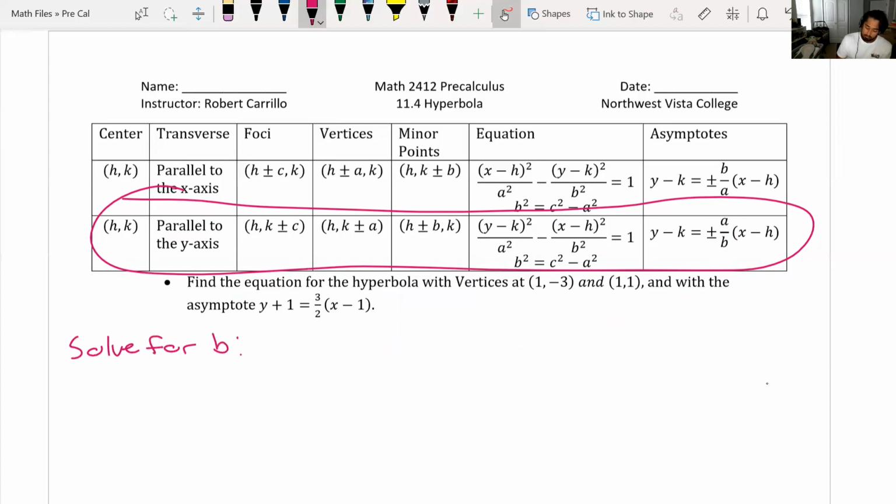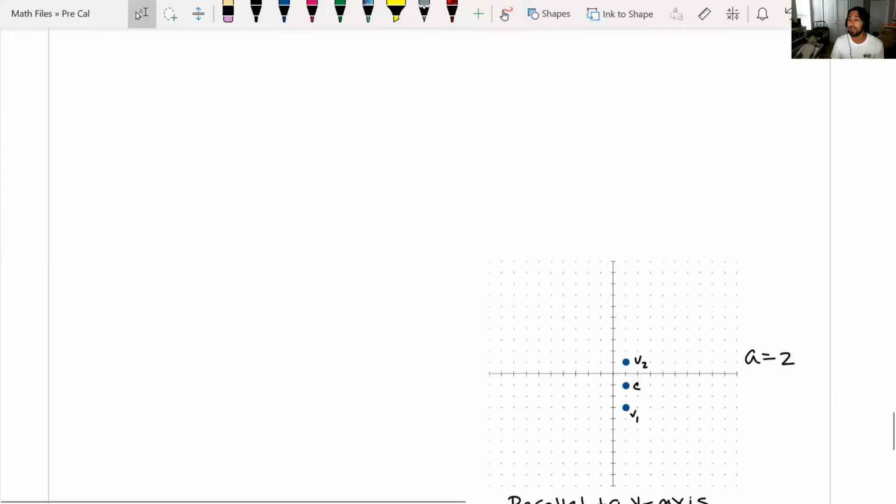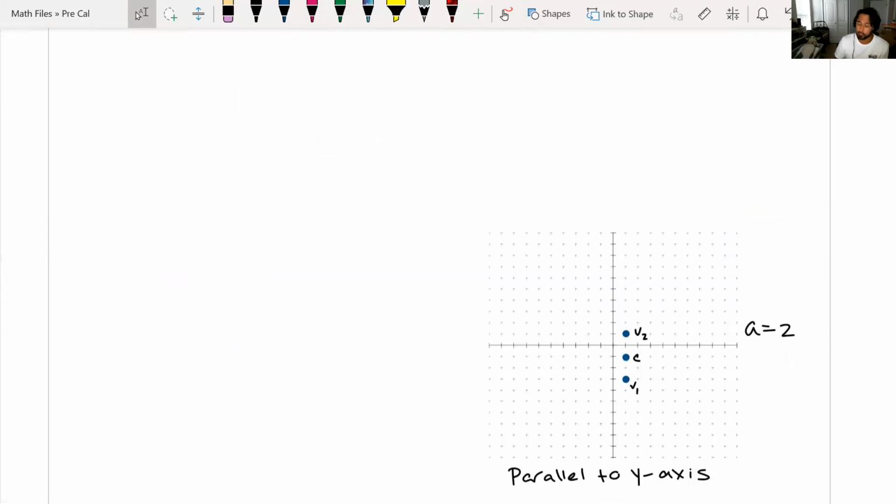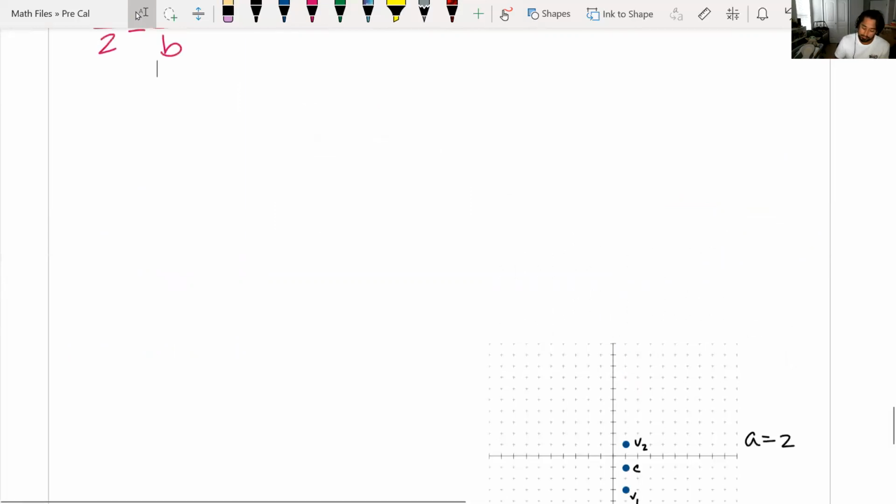We take the value that's here already, 3/2, and set it equal to the part of the formula that represents a over b for the asymptote. One thing is for sure, we know the value of a. a is 2, so go ahead and plug that in.